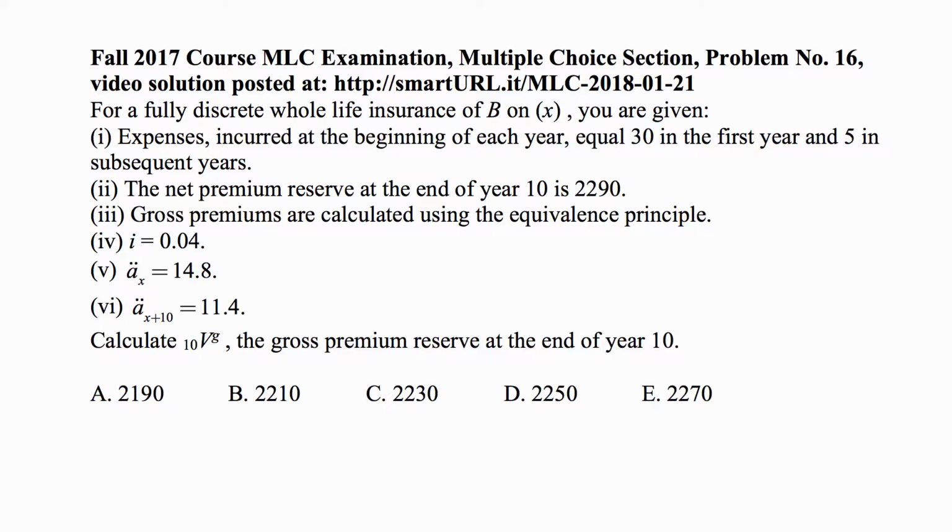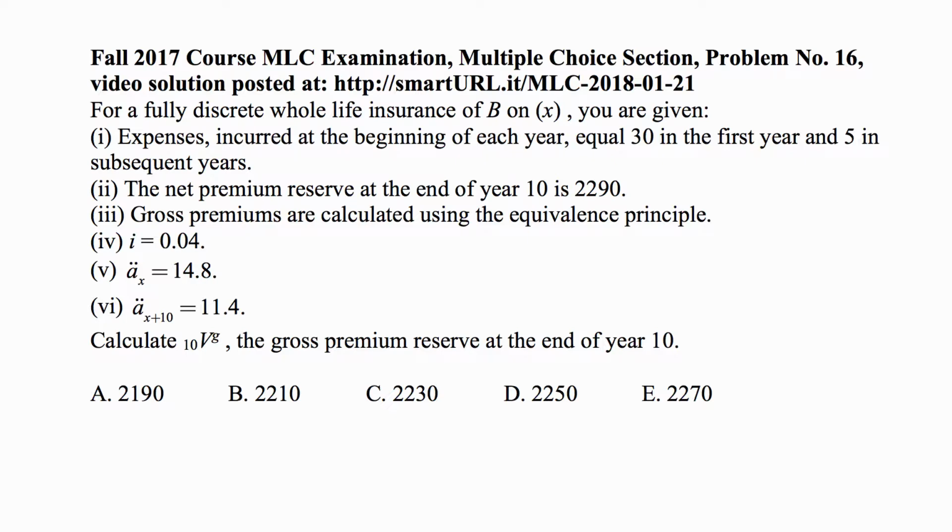This is a problem from the last exam MLC, Society of Actuaries exam MLC. Problem number 16 in the multiple choice section. For a fully discrete whole life insurance of B on X years old, you are given that expenses incurred at the beginning of each year equal 30 in the first year and 5 in subsequent years. The net premium reserve at the end of year 10 is $22.90.